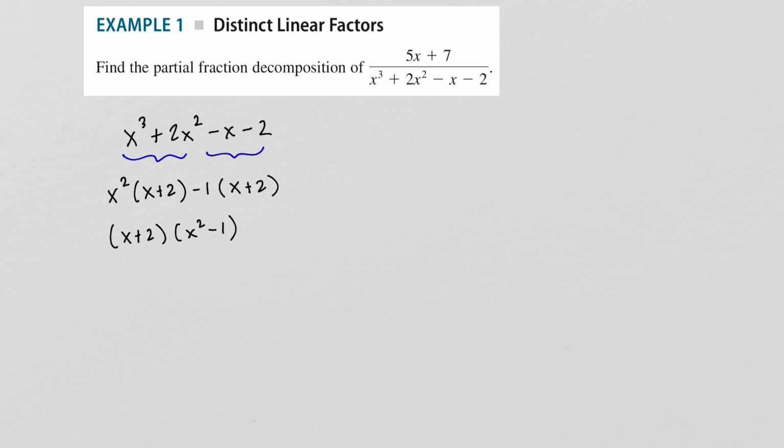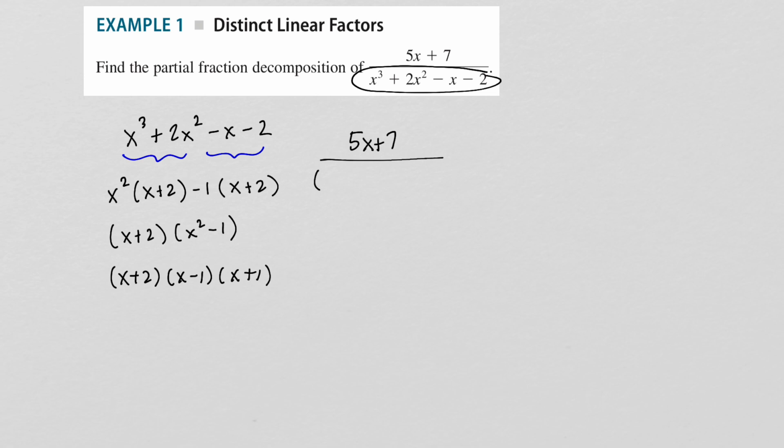Of course, x squared minus 1 can be further factored into x minus 1 times x plus 1. So the original fraction, 5x plus 7 over this denominator, can now be expressed as 5x plus 7 over x plus 2 times x minus 1 times x plus 1.